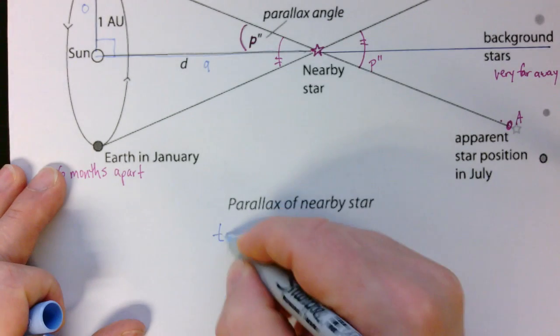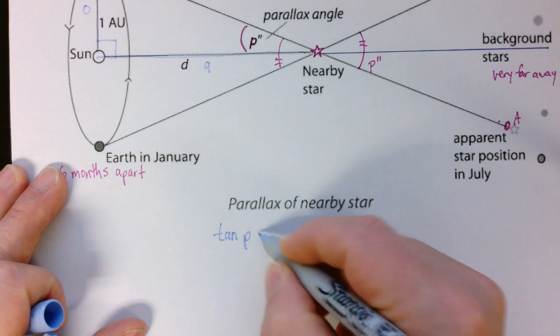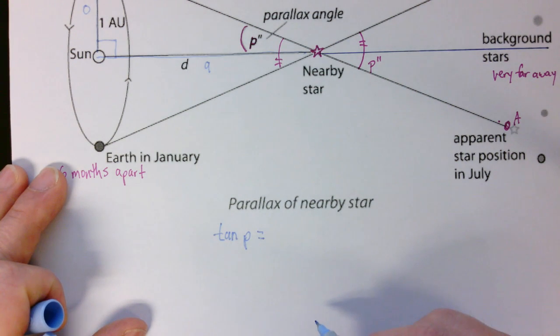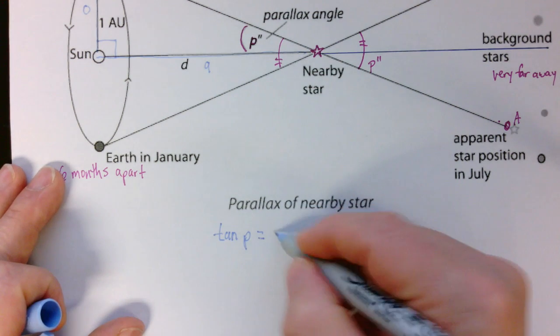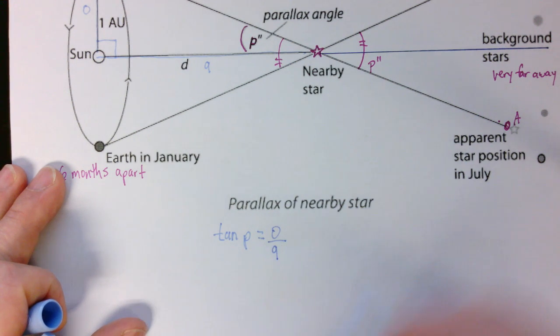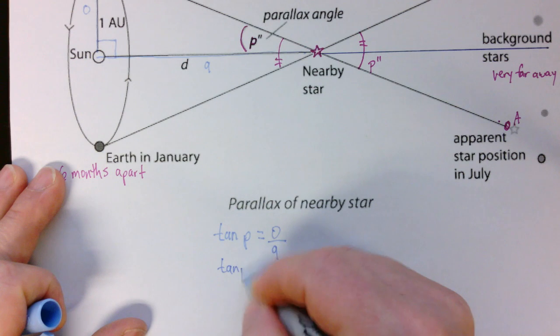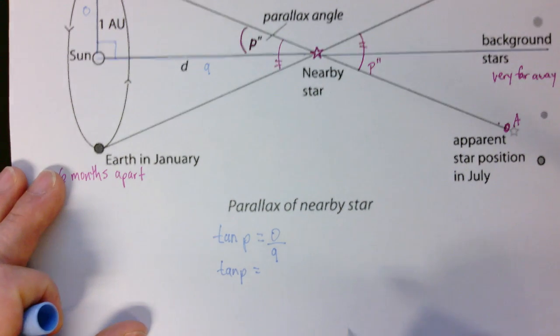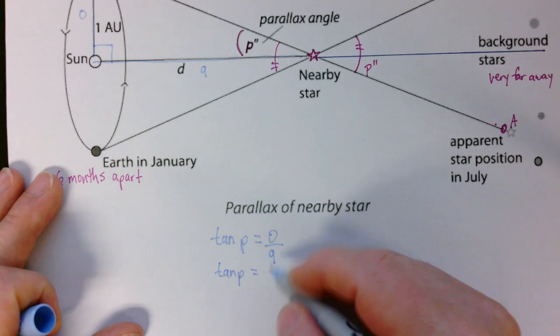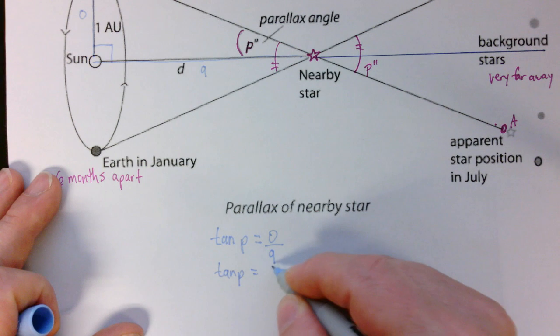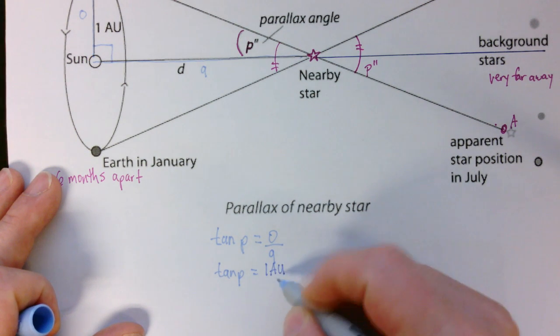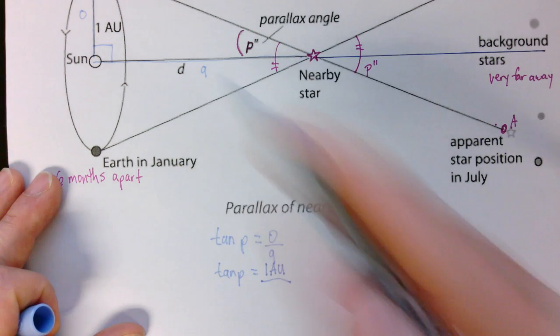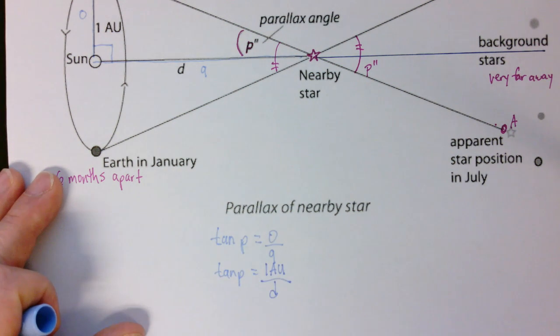So using tangent, the tangent of P then is equal to the opposite over the adjacent. And tan P, the opposite side, happens to be the big distance between the Earth and the Sun. It's 1 AU. And the distance adjacent is the distance to the star.